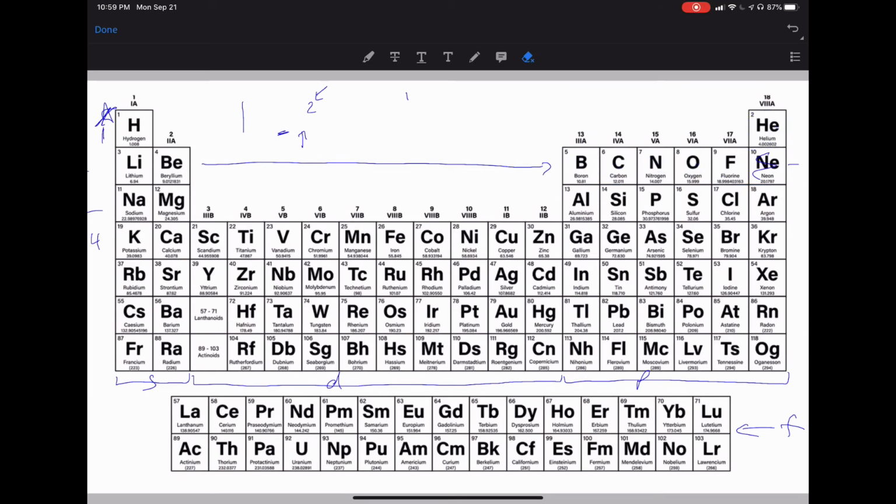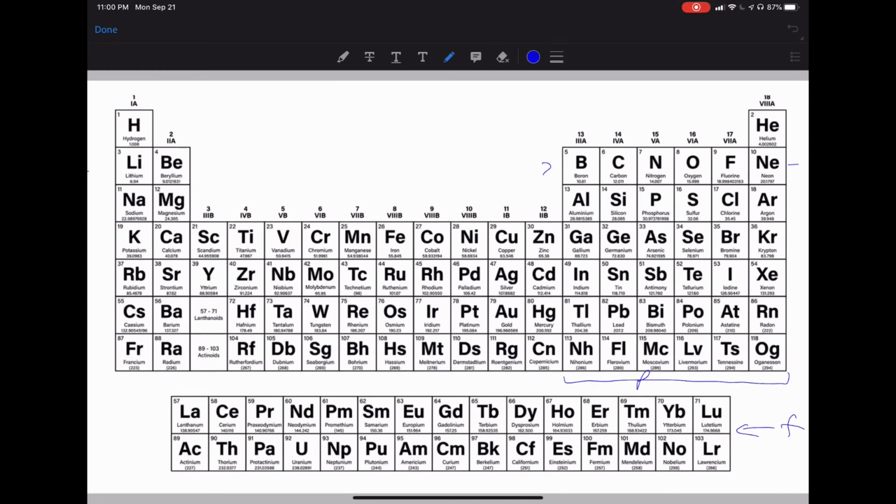So let's do aluminum. Aluminum is a good example. So here's aluminum. We're going to write the electron configuration for aluminum using the same walking across the periodic table method. So we're going to start up here. So this is like 1s1, 1s2.